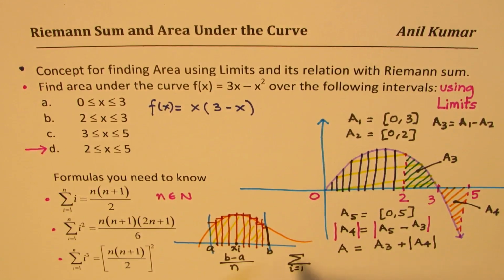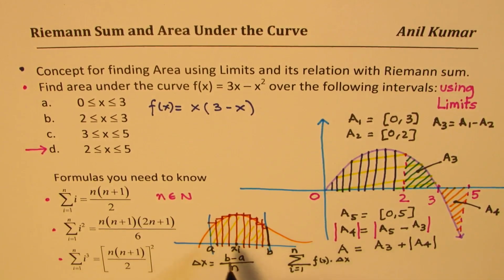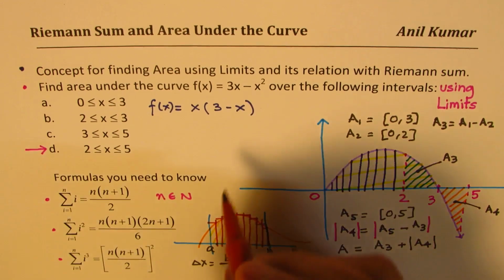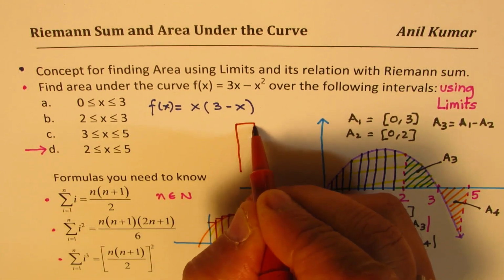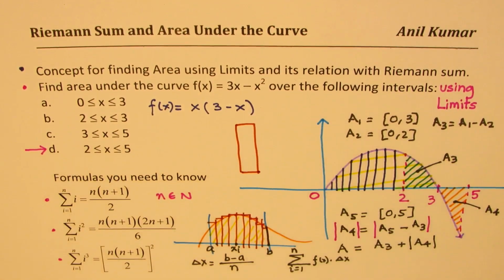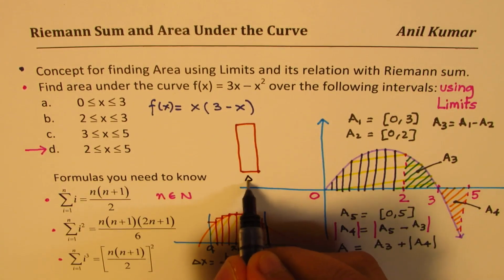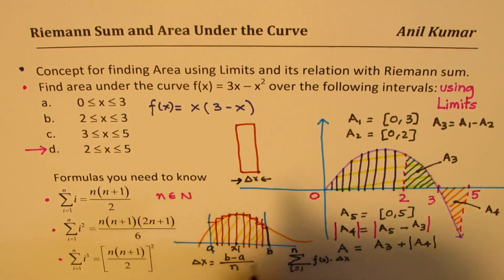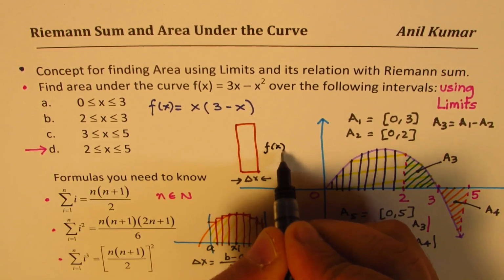So i moves from 1 to n of the function times delta x, where delta x is equal to (b minus a) over n. So (b minus a) over n is the width of each rectangle, and the height is f of x, right? Any rectangle which we have taken here will have a width of delta x and a height of f of x.